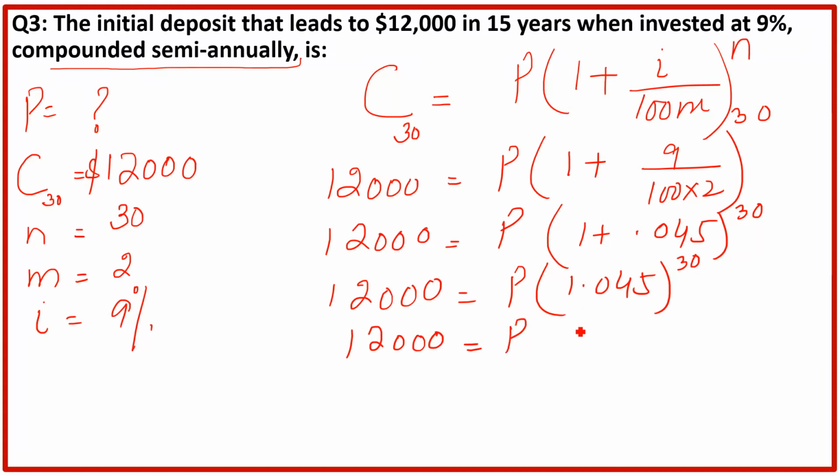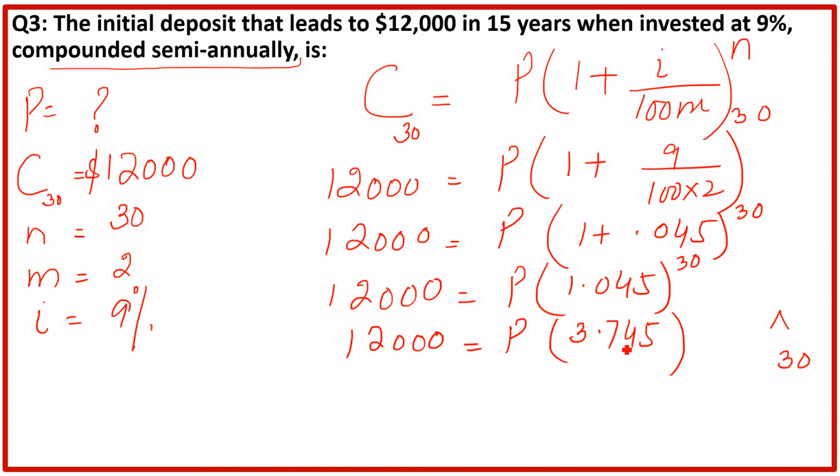P, and for this, what you have to do, write down 1.045 on your calculator, then press the caret symbol. After that, write down 30. You will get 3.745.